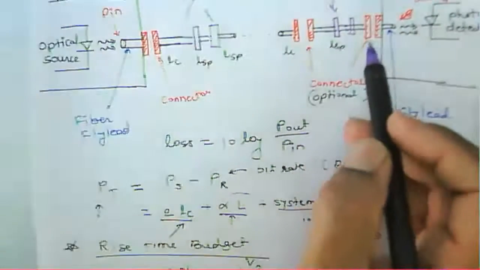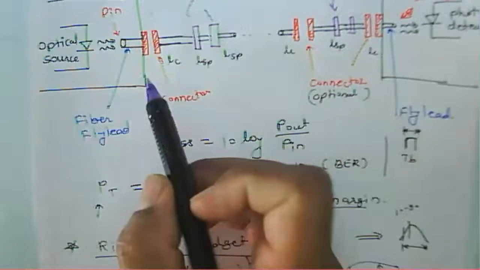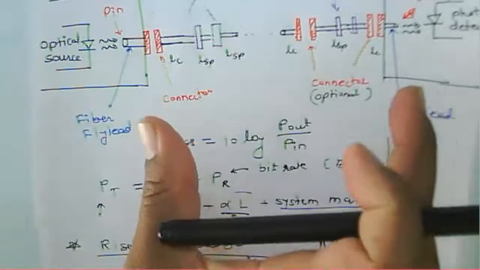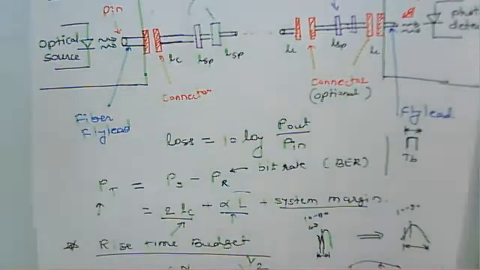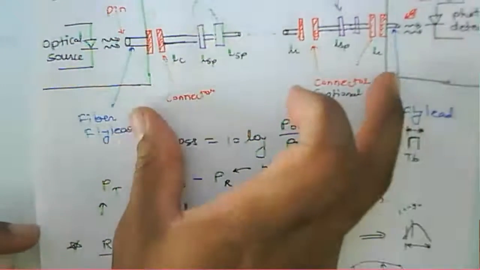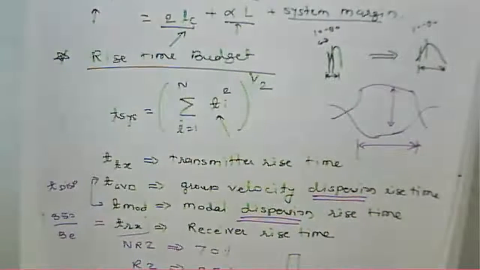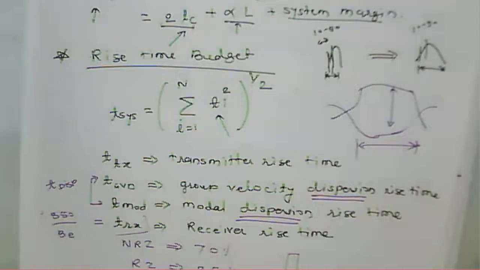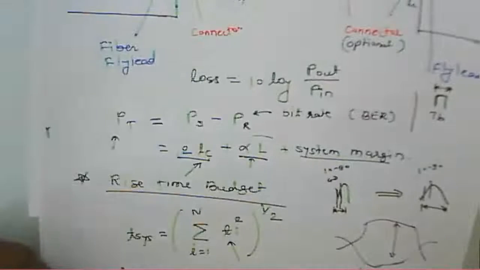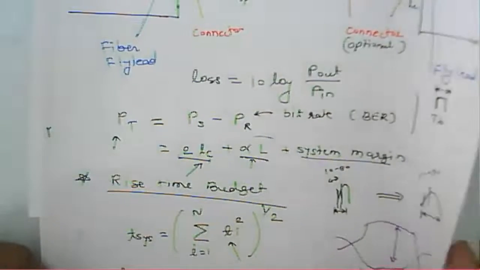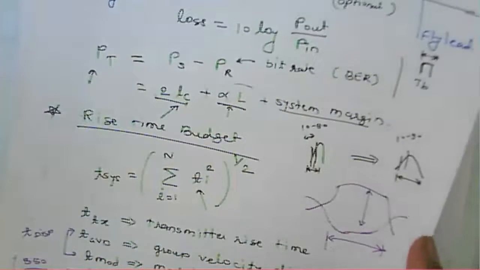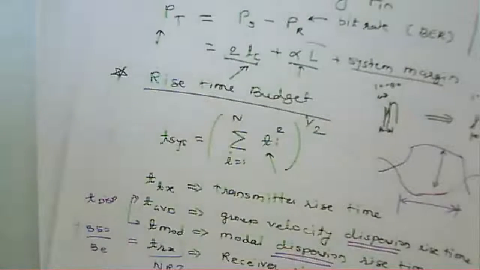That is the link power budget. Similarly, what is the total system rise time required for this given optical link? That tells you the length of the optical fiber.